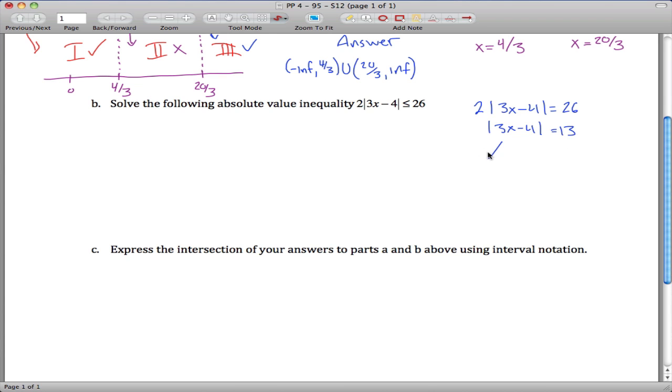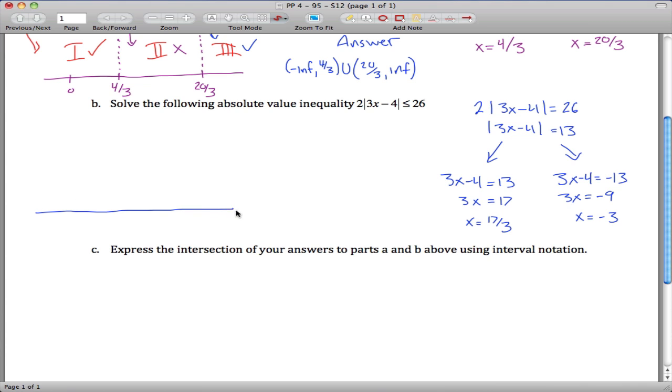And so what that gives us is 2 cases, either 3x minus 4 equals 13, or 3x minus 4 equals negative 13. So 3x equals 17, x equals 17/3. 3x equals negative 13 plus 4 is negative 9, so x equals negative 3.